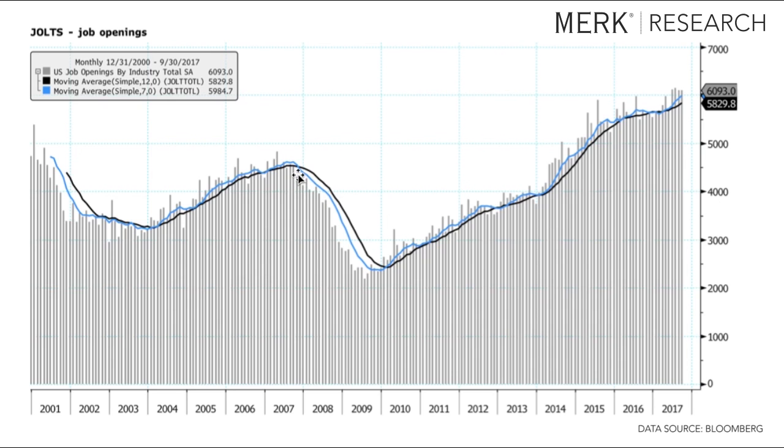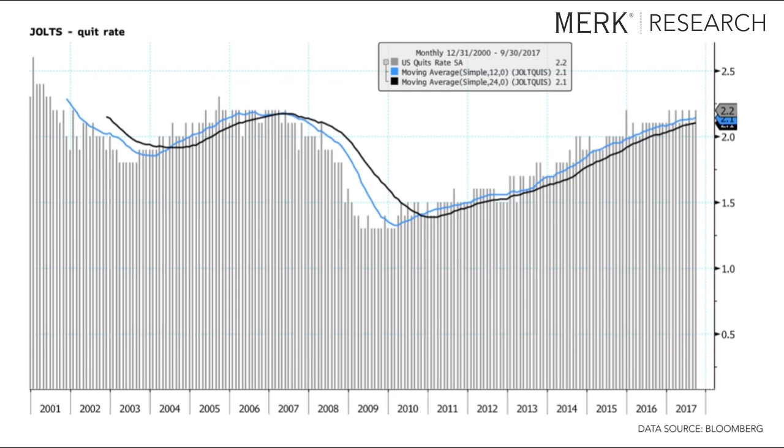So that happened in the last cycle in about mid-2007. So right now we're at or near the highs for the expansion in terms of job openings, which suggests that the labor market's healthy, lots of availability of jobs. So there's nothing in this chart to be negative about in my view. What would get me negative is to see that blue line cross below the black line.